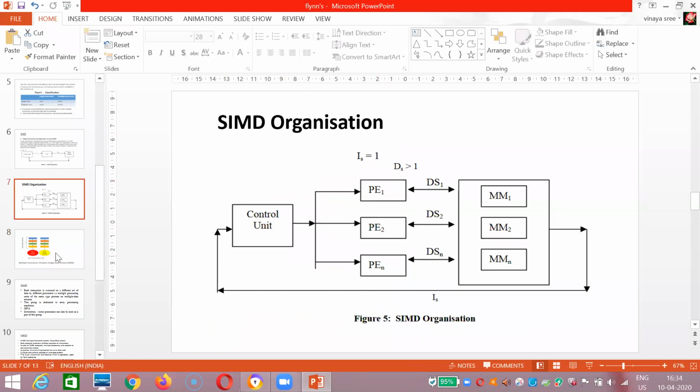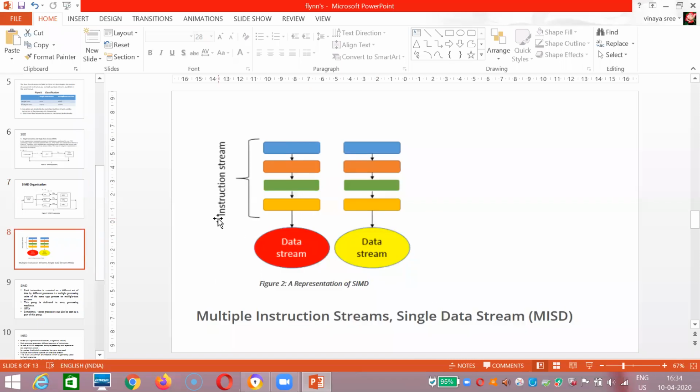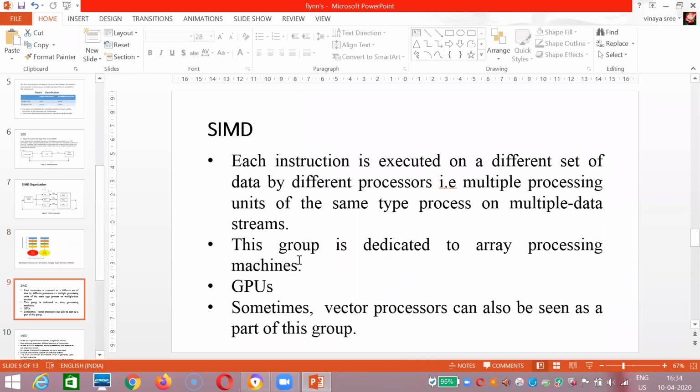For the sake of understanding, don't consider it as an instruction. Let us consider I have written one entire program. For this program I give one data set, and for the same program I give another data set, and another. I will show you examples of this.